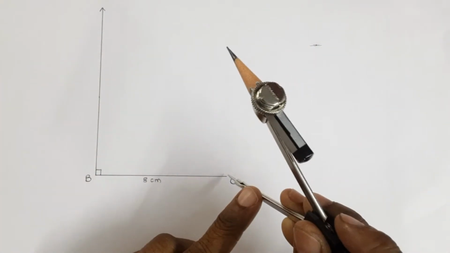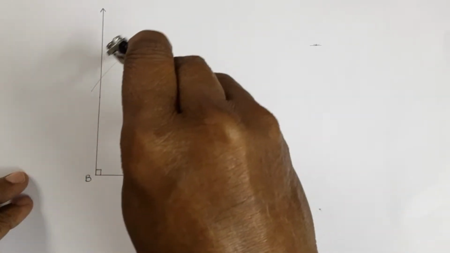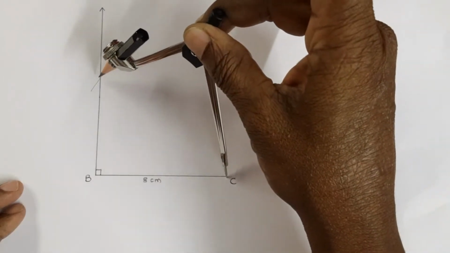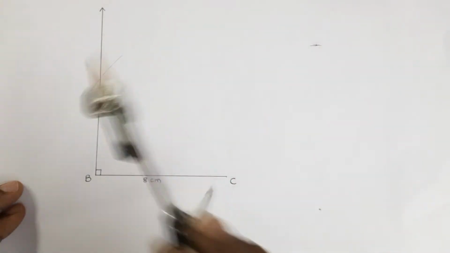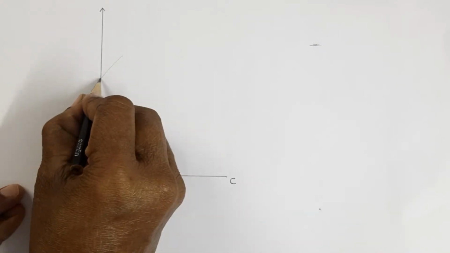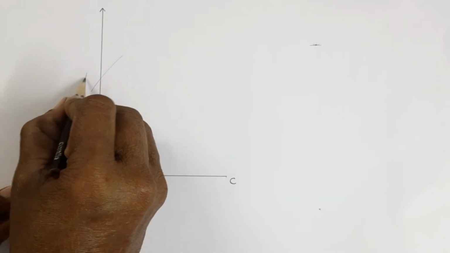Okay, 10 centimeter. So from C to this distance, that is the 8 centimeter, this distance. Okay, this is the 10 centimeter. So now here this intersecting point is nothing but the A students.